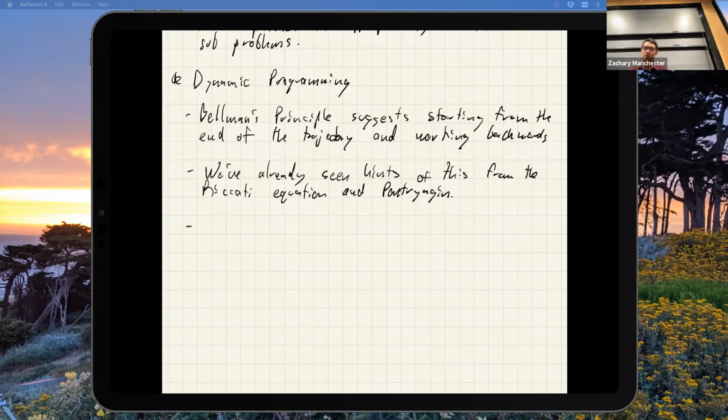So I'm going to make up some notation, and hopefully this will make sense as we go. The first thing we're going to define is the so-called optimal cost to go. If you're a machine learning or RL person, this is called the value function in RL. I find optimal cost to go to be much more descriptive and useful.